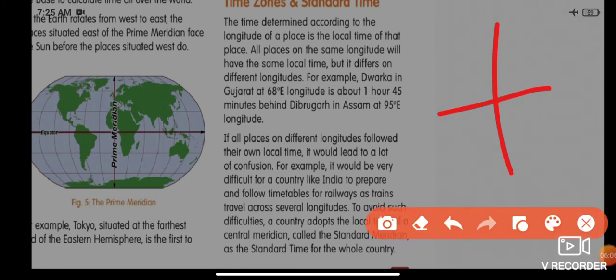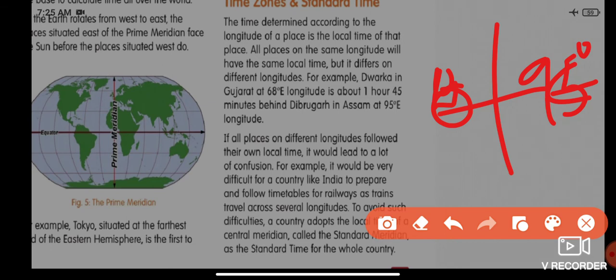One is toward the western side and one toward the eastern side, so the longitude is different. Dwarka, Gujarat is at 68° east and is behind Assam at 95° east. That is how the time differs in both places.